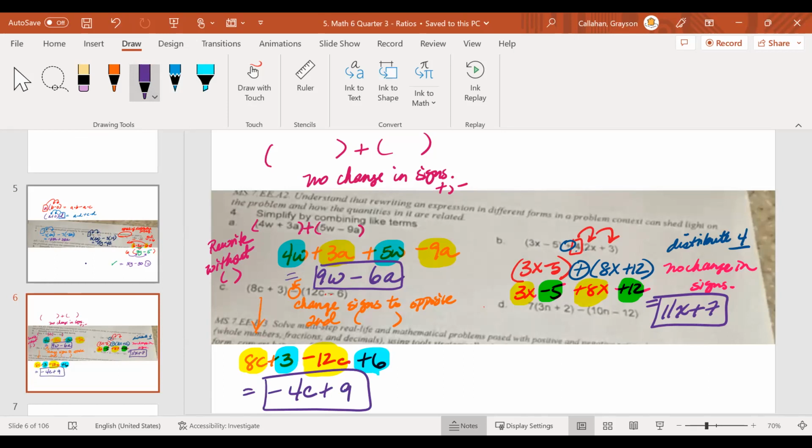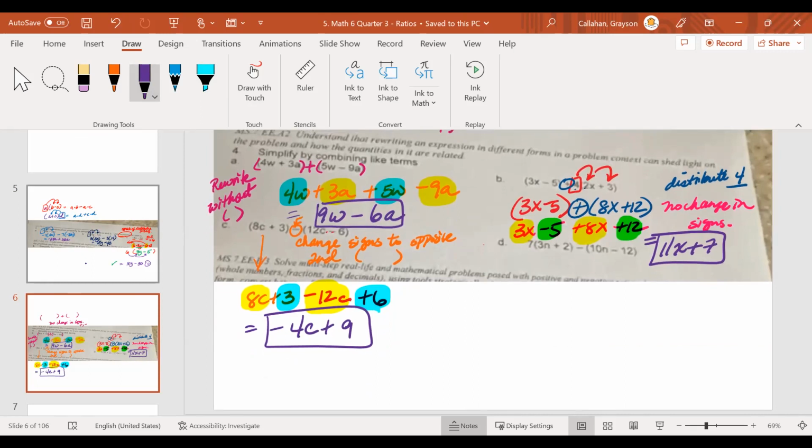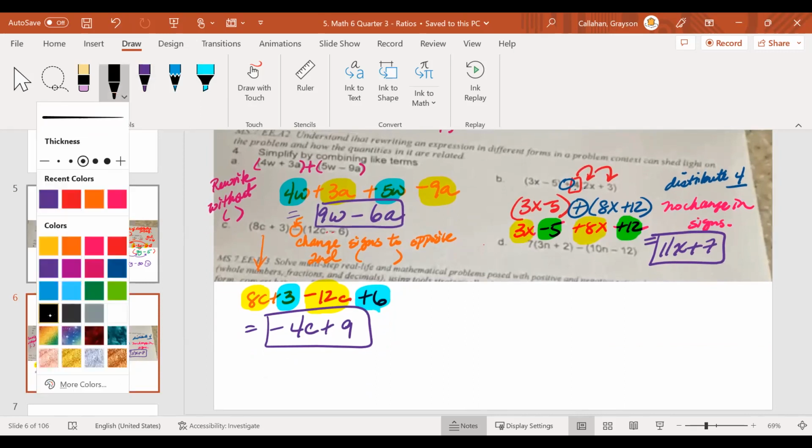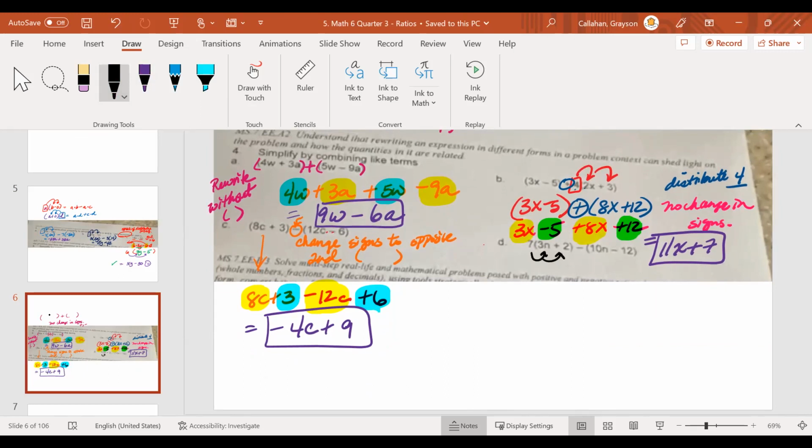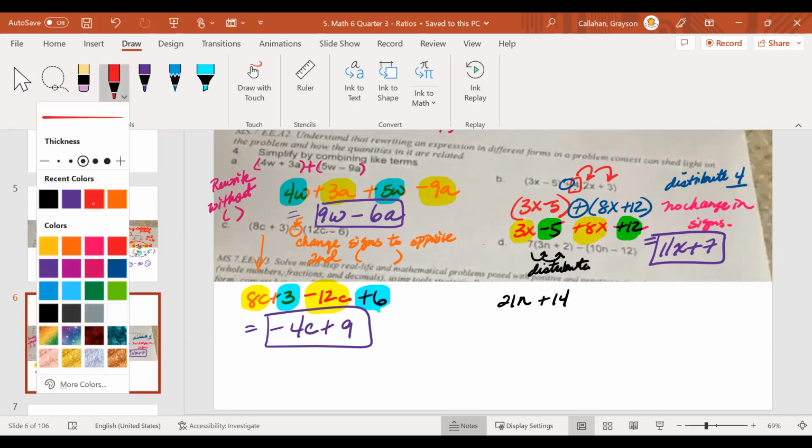Okay, for D, how is D different than the other two? It has a number at the beginning. Yep. We're going to distribute it. What would it distribute to? Multiply it out. 21 and 14. Good. What else does it have that I have to worry about?